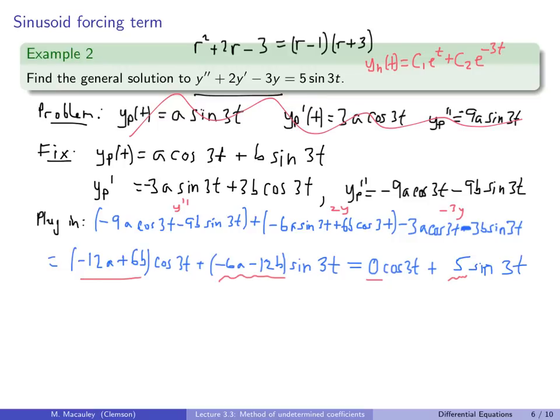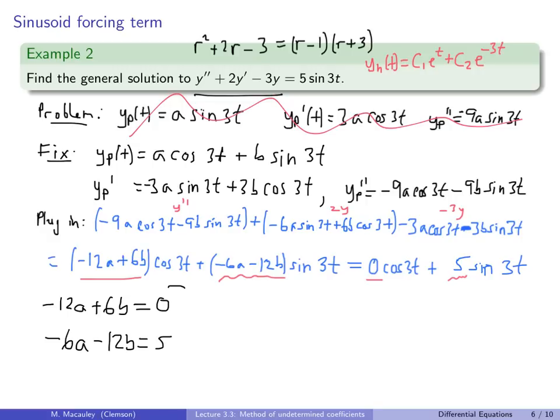So let's write down this system. We have negative 12a plus 6b equals 0, and we have negative 6a minus 12b equals 5.